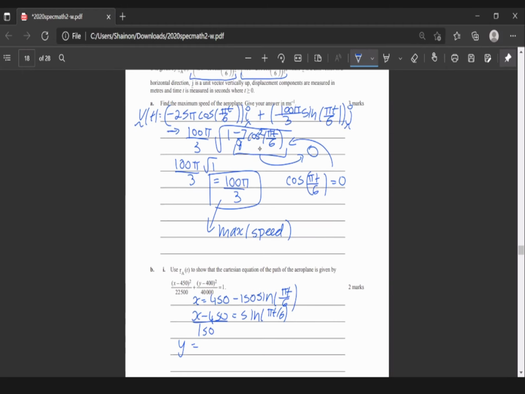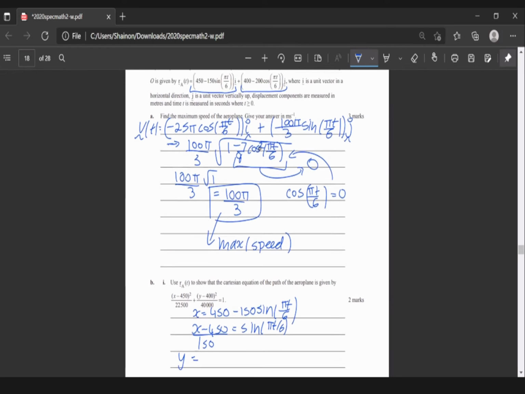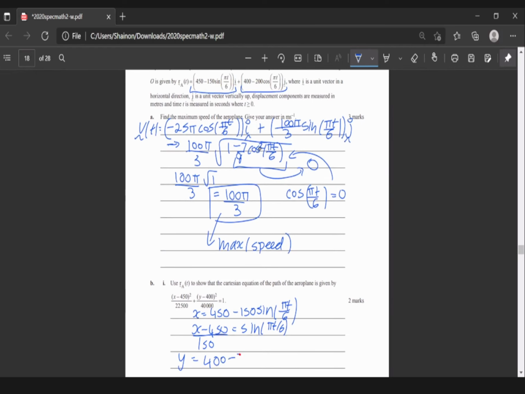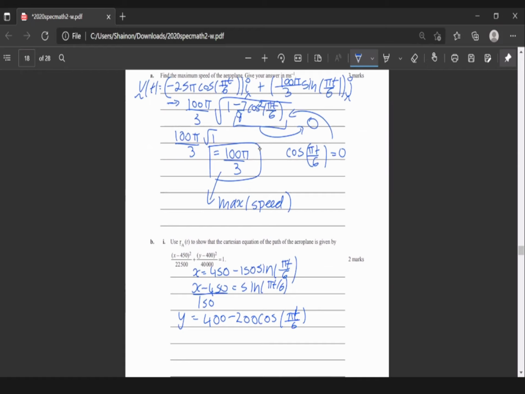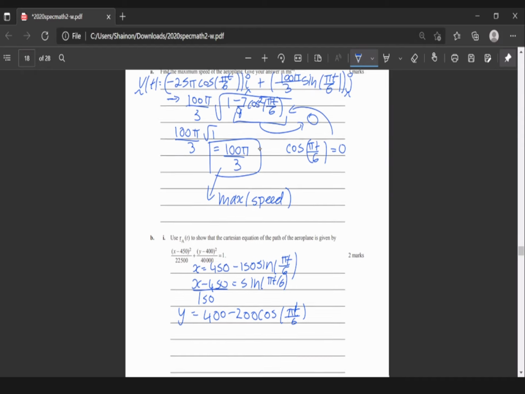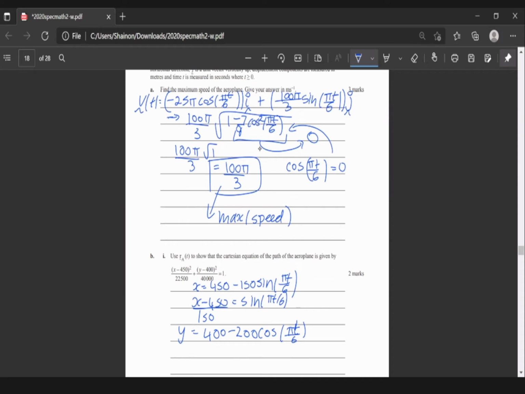And then we know that y equals 400 minus 200 cos pi t over 6.